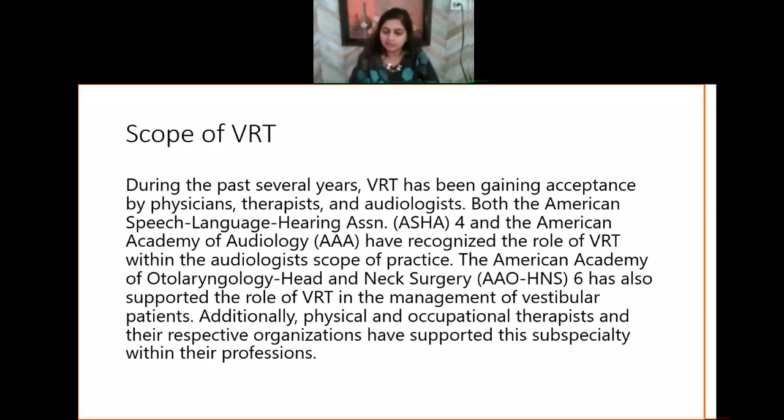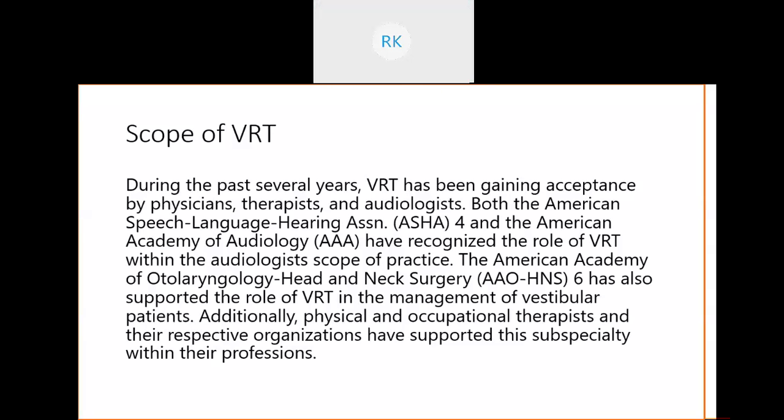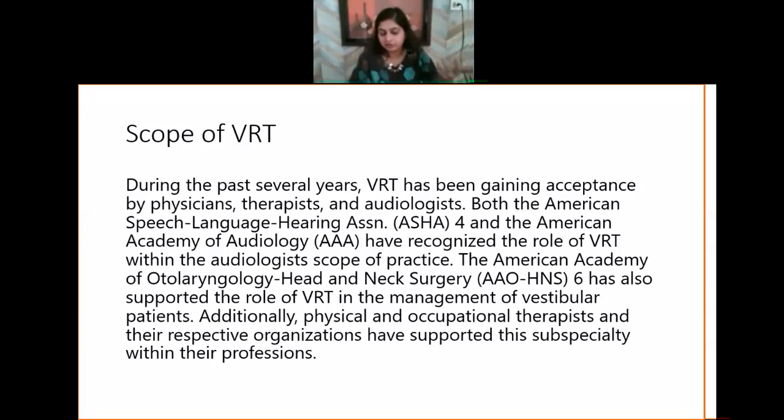Now, 5% of the population is affected by dizziness, and 70% of dizziness is related to vestibular impairments. We don't have much data for developing countries, but if we take data for developed countries, for example the UK, 5% means about 3 million people are affected with dizziness.